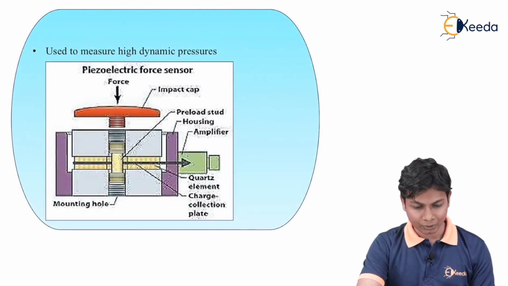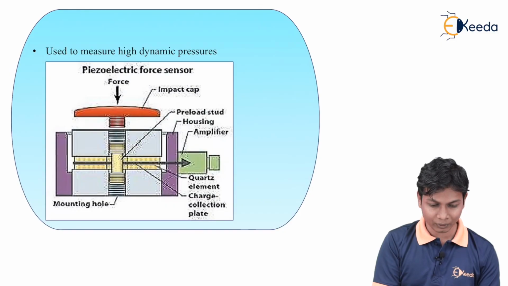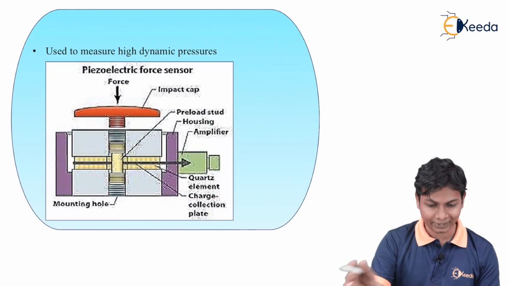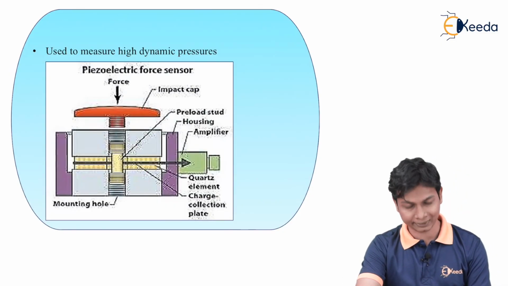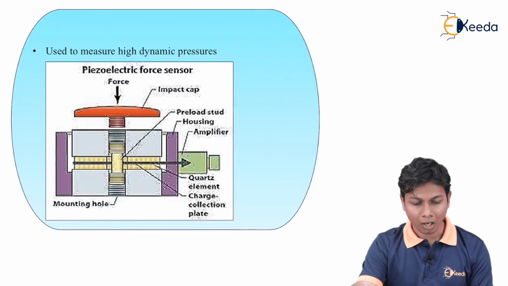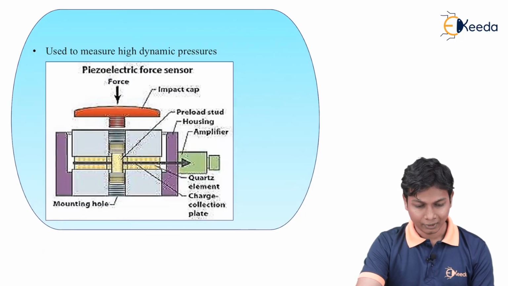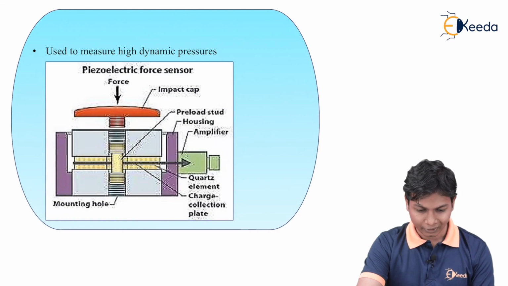See here, in the piezoelectric effect, here is the force applied. On the orange side, you can see the impact cap, and how the force is applied through these force sensors. Preload studs are also present, and the housing amplifier is also there.